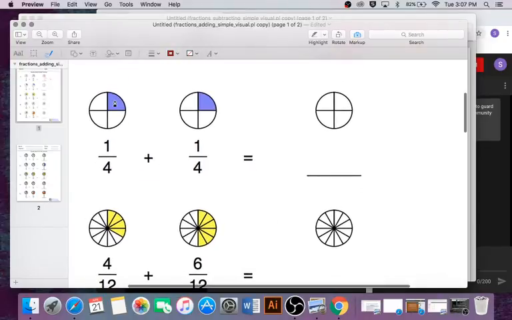Looking at our next example, our circle has 4 parts, so our denominator is 4. And we have 1 shaded in on our first one and 1 shaded in on our second one. So when we add our 1 and 1 together, we end up with 2.